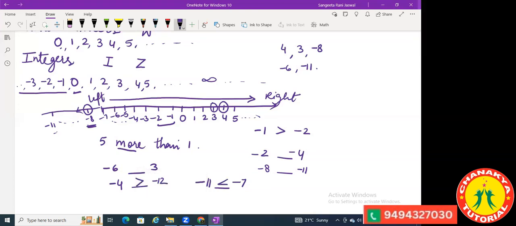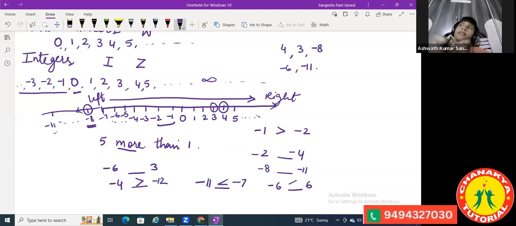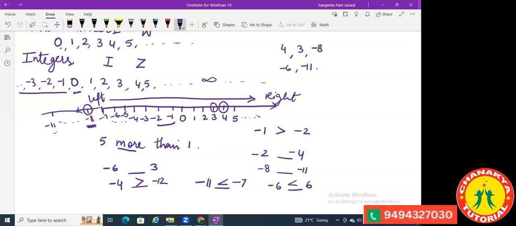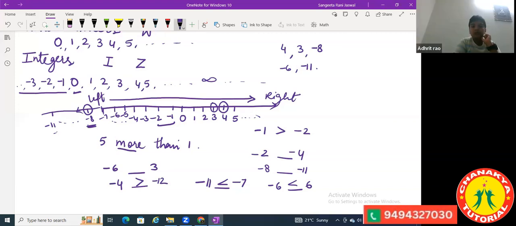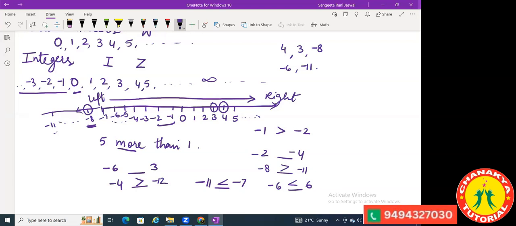If I give you -6 and 6, Ashwath, which is greater? 6. Adrit, -8 and -11, which is greater? -8. Sritej, -6 and 3, which is greater? 3.